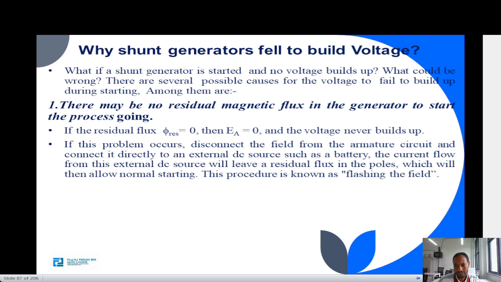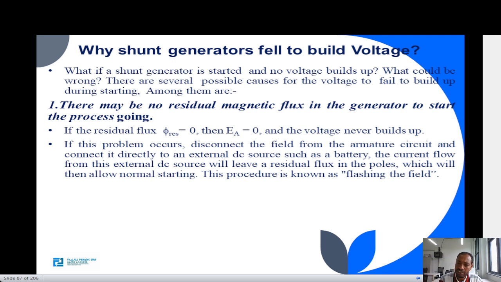So what is the solution if it happens? If we come to know that the machine has no residual flux, what should we do? We have to disconnect the field winding from the armature and directly connect it to an external source, maybe batteries, so that current will flow through the field winding. It may leave some residual flux inside the pole, which will then allow normal starting.